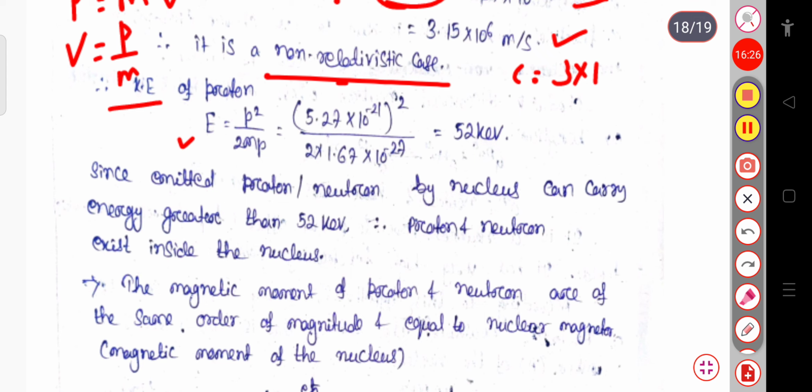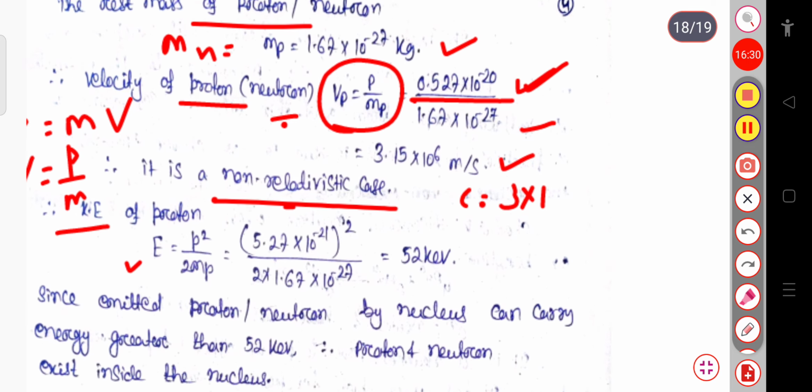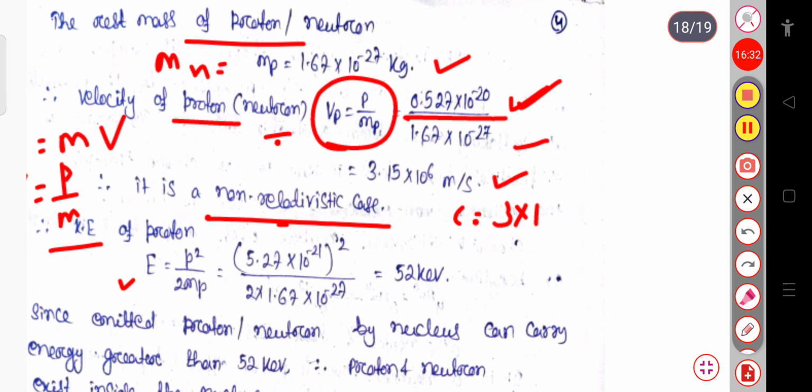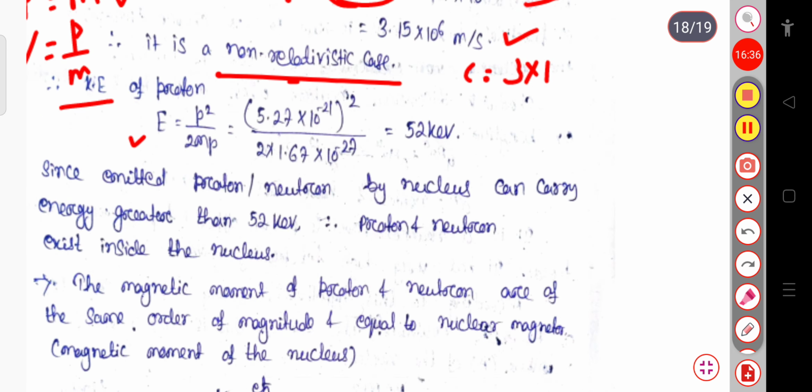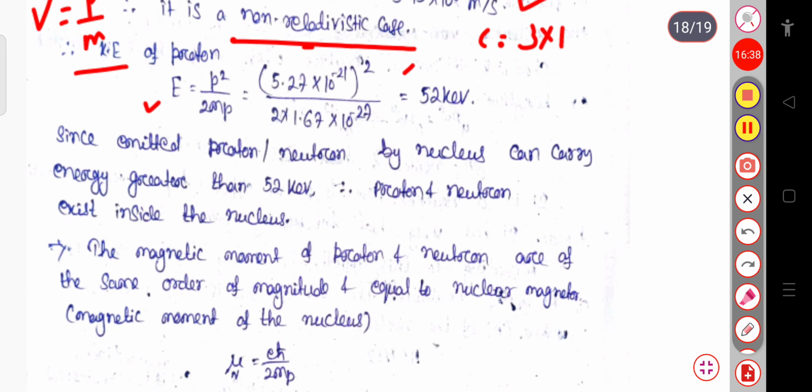Then the linear momentum is 5.27 × 10^-21, so E is equal to (5.27 × 10^-21) squared divided by 2 times the mass of the proton, 1.67 × 10^-27. After solving we get 52 kilo electron volt.